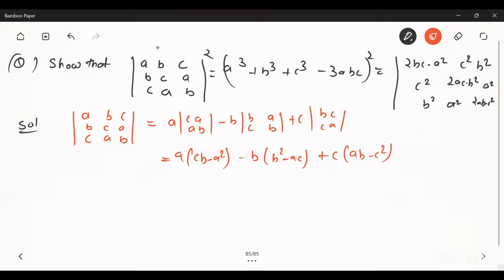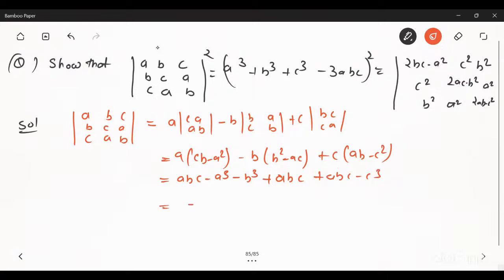Now if you multiply, you will get abc minus a cube minus b cube plus abc, plus abc minus c cube.